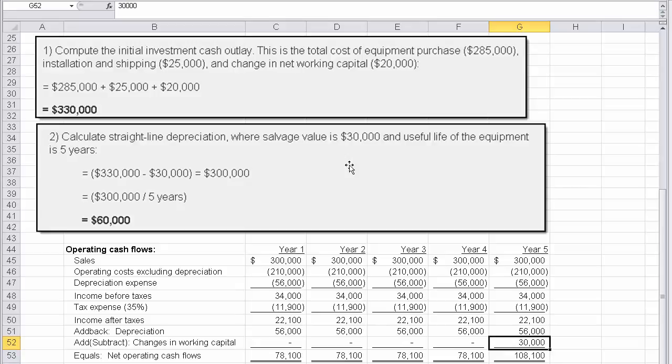But I think some textbooks will say, no, the sale or the liquidation of equipment at the end of the project is external to the project itself, and therefore we need to treat that as outside of operating cash. Okay, so I'm going to treat it that way only because I've seen how textbooks have handled it, and come up with two totals. One is the net operating cash flow, and then one is the net cash flow.